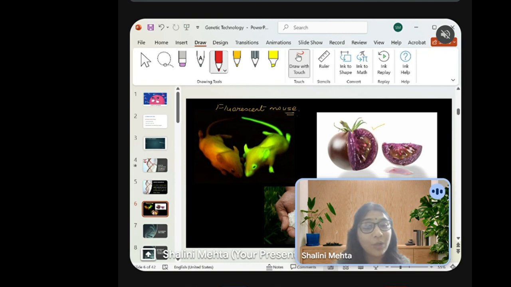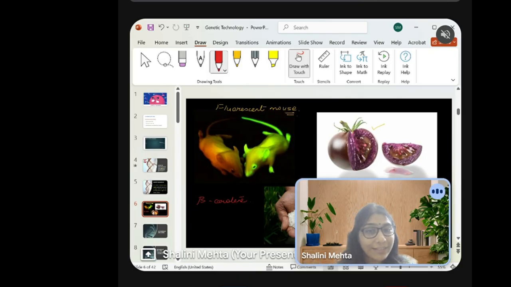Similar to that, we also have something called golden rice, or yellow rice. I have not colored this rice, remember. I have not dipped it into any color. What I have done is take the beta carotene gene, either from bacteria or from daffodils. Remember, daffodil flowers are yellow, right?